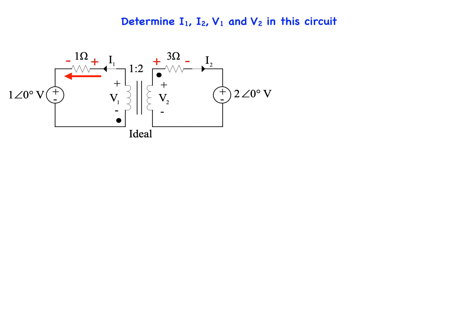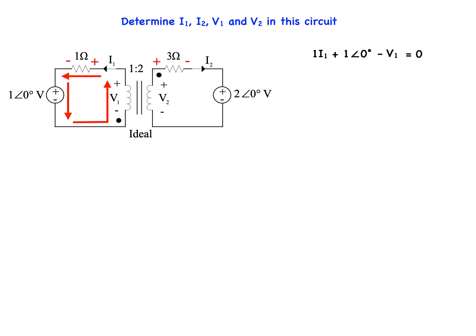I1 times 1, the voltage drop across the 1 ohm resistor due to I1, plus 1 at 0 degrees due to the voltage drop of the 1 volt power supply, and minus V1 due to the voltage drop of the transformer. I assumed the polarity of the transformer to be going from negative to positive, therefore the voltage drop is negative. The sum of all these voltage drops must add to zero.